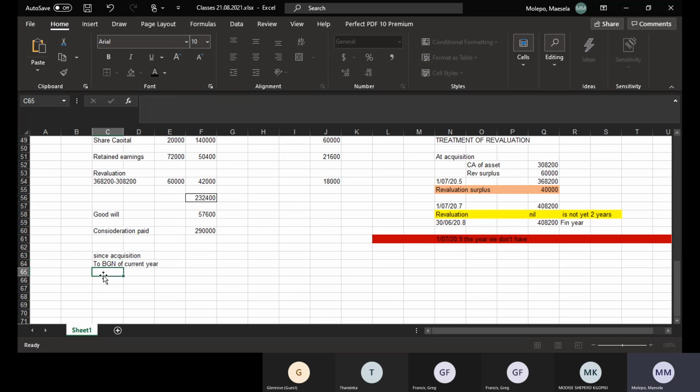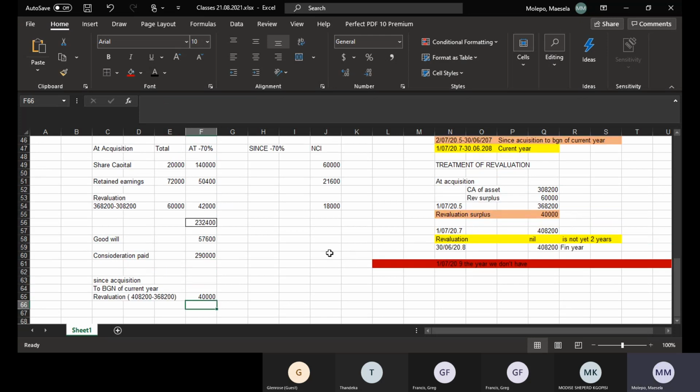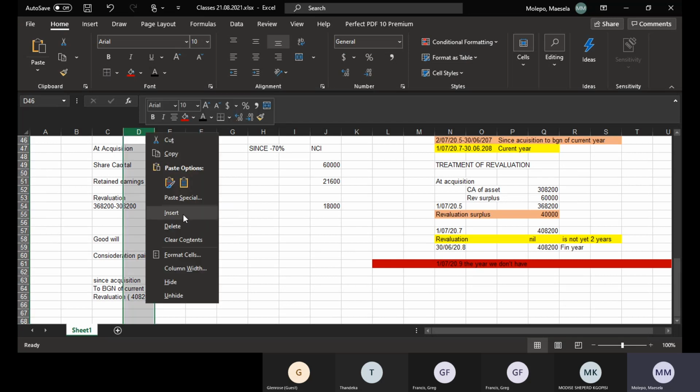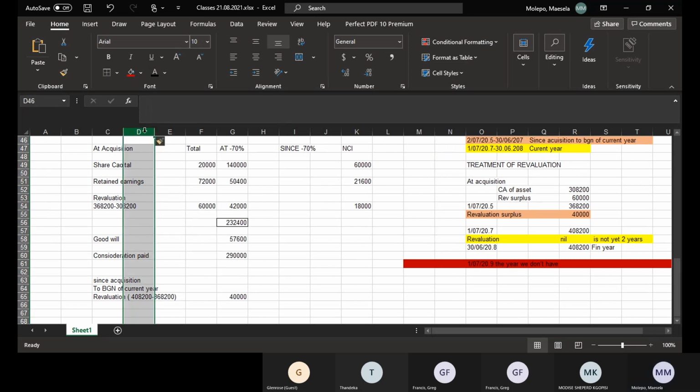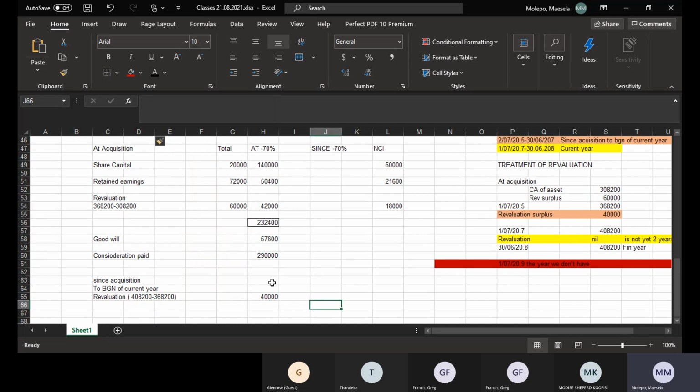We have a revaluation, which will come as the result of 408,200 less 368,200. So our revaluation will be 40,000. So we do our percentages on the since. Oh, sorry. Let me add some columns so that we can be on the same page.